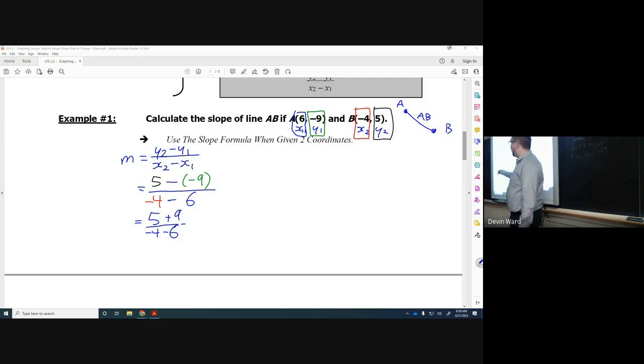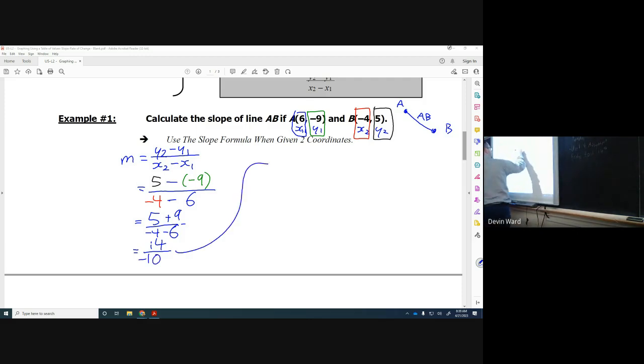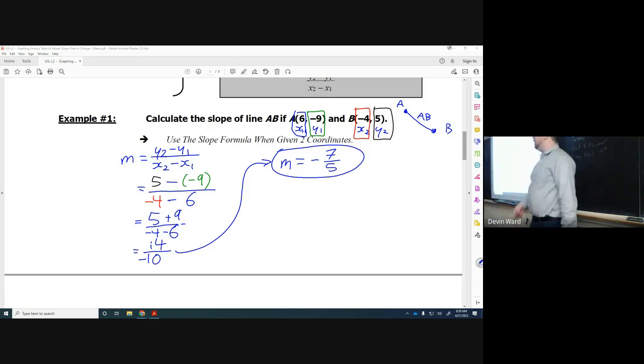Because 2 negatives make a positive. So like Robbie said, it'll be 14 all over -4 take away another 6, which gives us -10. I'm just going to finish it up here because we want it in lowest terms. So it's going to be negative because we only have the one negative. Divide by 2. So we get 7 over 5. So our slope equals -7 over 5.